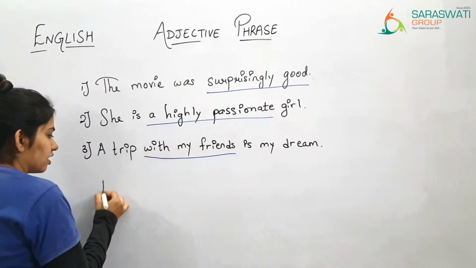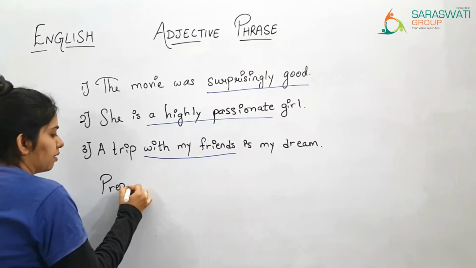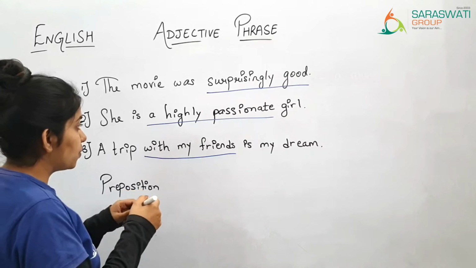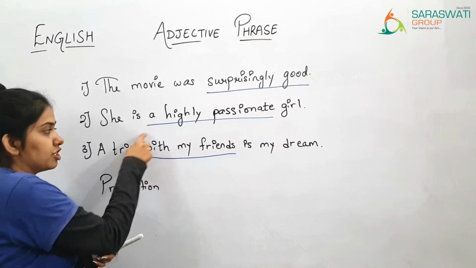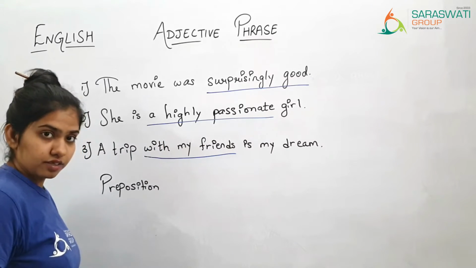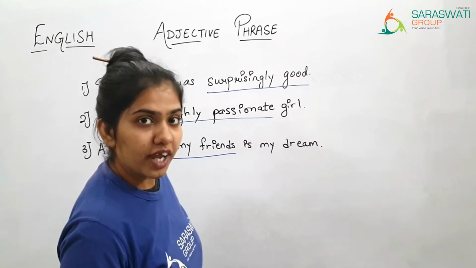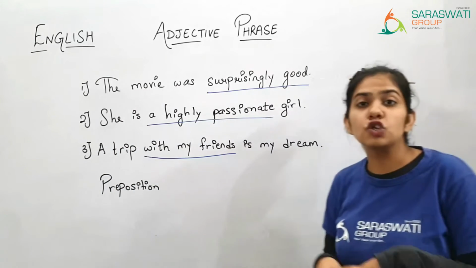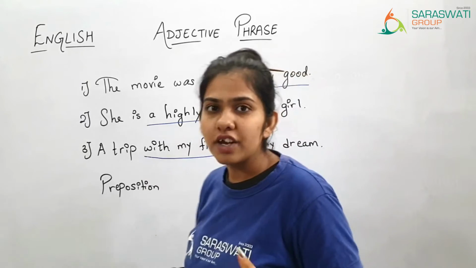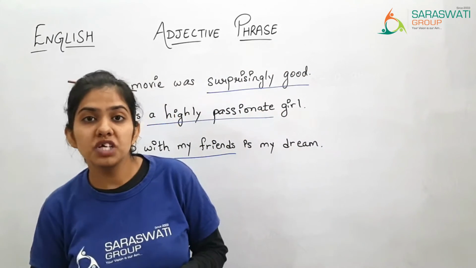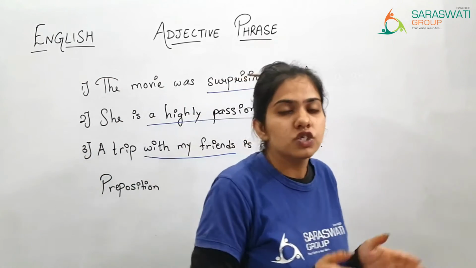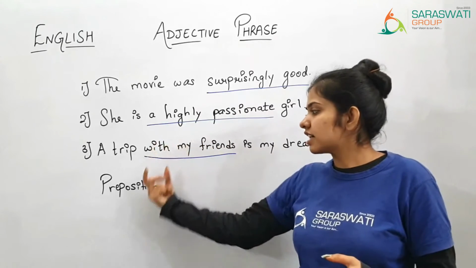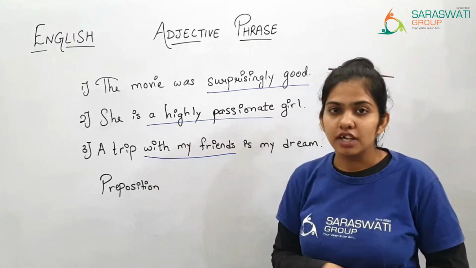It starts with preposition. Right? So you can see over here, it is started with the preposition with in this sentence. Right? So, for example, I don't like movies with no stories. What kind of movies I don't like? The movies with no stories. So, with no stories is our adjective phrase because it starts with the preposition, right?